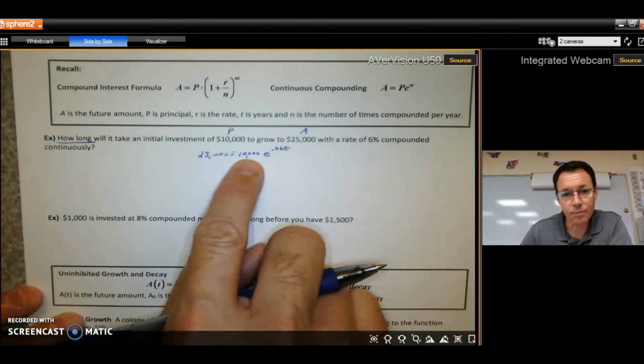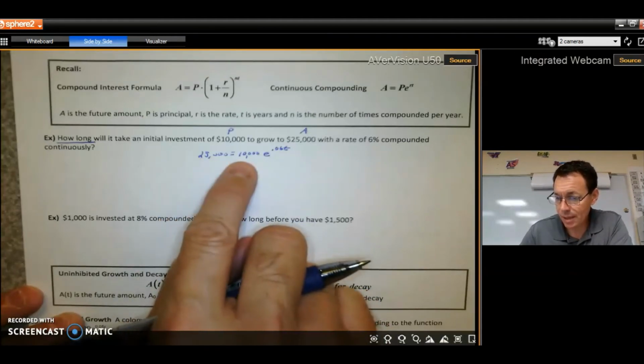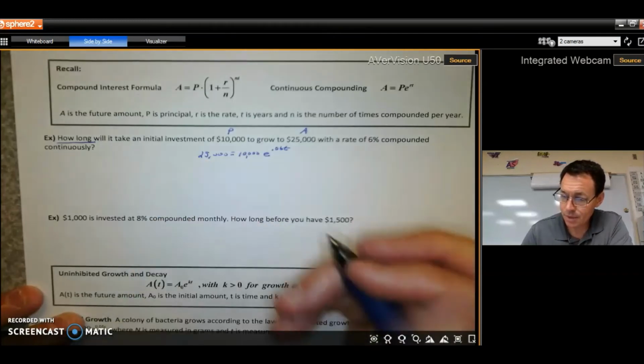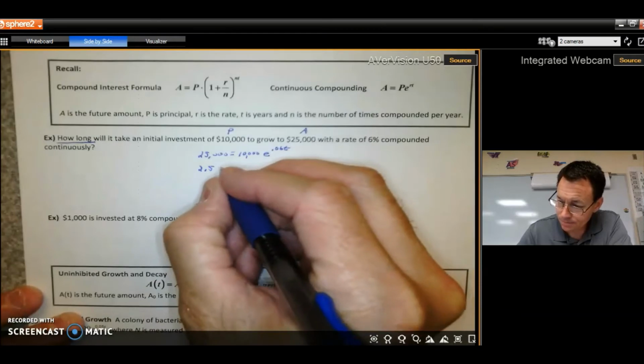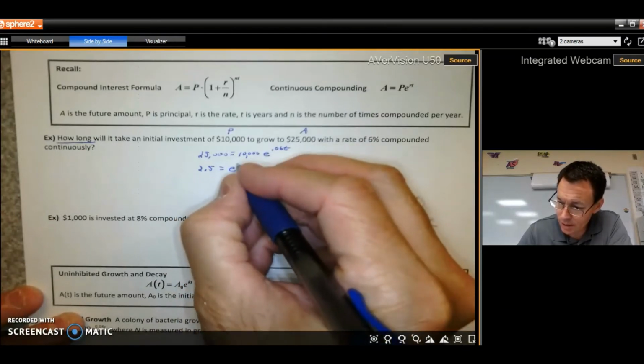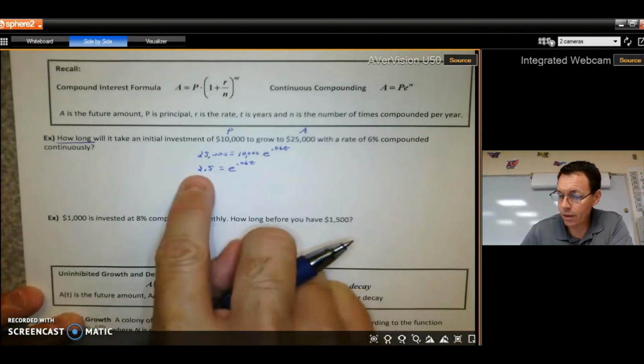Right now it's being multiplied by 10,000, so we need to divide both sides by 10,000. 25 divided by 10 is going to be 2.5, and then e to the 0.06t. Now, I've got a base to a power equals a value.